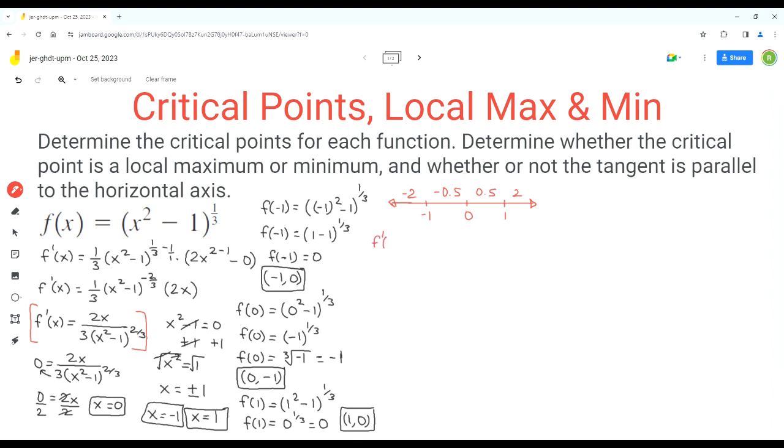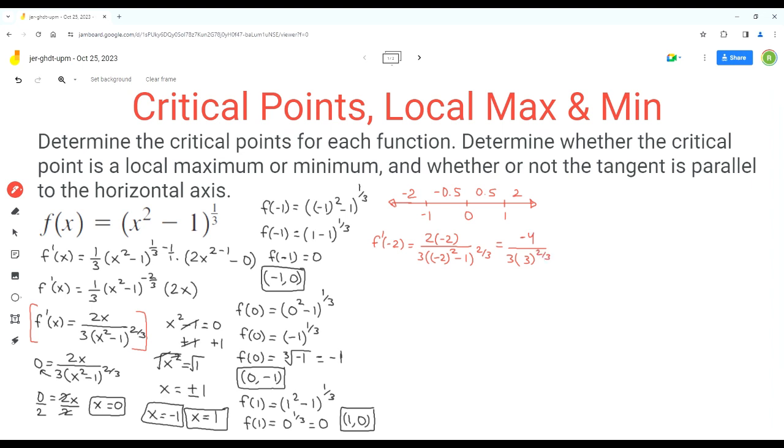So prime of f at -2 equals 2 times -2 over 3 parentheses -2 square minus 1 exponent 2 over 3. So 2 times -2 is -4, and in the denominator, so 3 parentheses, so -2 square is +4, and 4 minus 1 is 3, and then exponent 2 over 3.